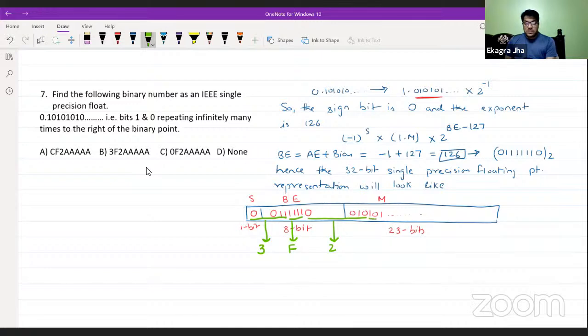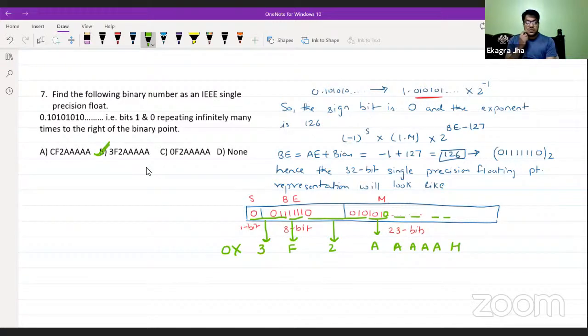And then 1010, which is 10, that means a. And this 1010 is going to be continued till the end of 23 bits. So every time the 4 more values we will have as a, which makes it 8 nibbles of representation, which is 32 bits. So this 32-bit representation in hexadecimal is going to be 3f2 and 5 times a. The correct answer is B.